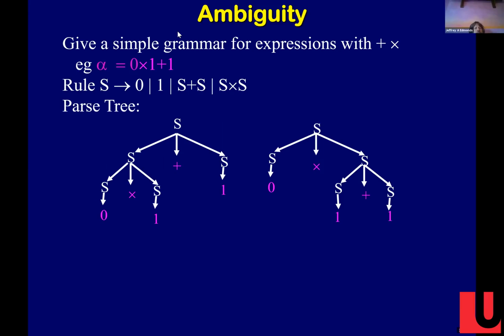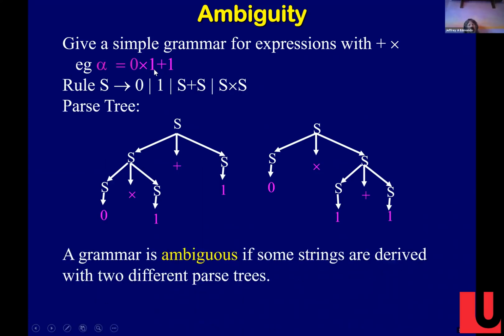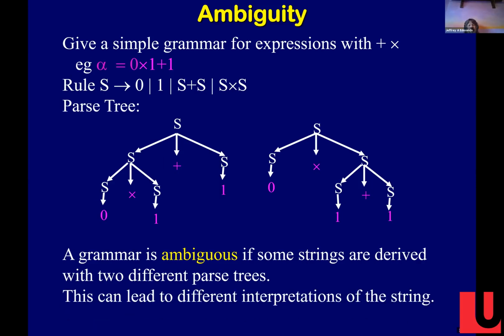When you gave me the string, is your intention this or is your intention that? And these two seem to have very different meanings. So we don't like this grammar. Why? Because it has two very different meanings, and we don't want to have different meanings. The problem with ambiguous grammars is that you can have different interpretations of them and people can be confused.